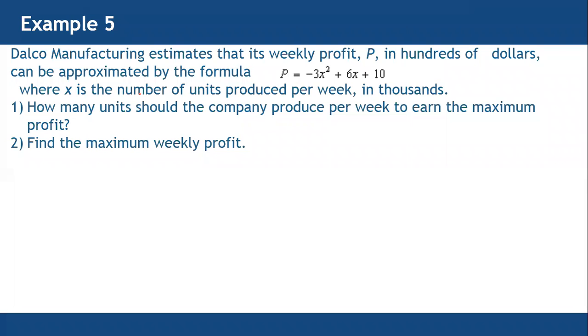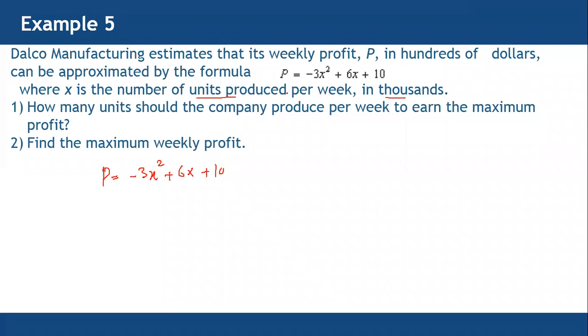One manufacturing company, Delco Manufacturing, estimates that its weekly profit in thousands of dollars can be approximated by the formula P equals minus 3x square plus 6x plus 10, where x is the number of units produced per week, in thousands.